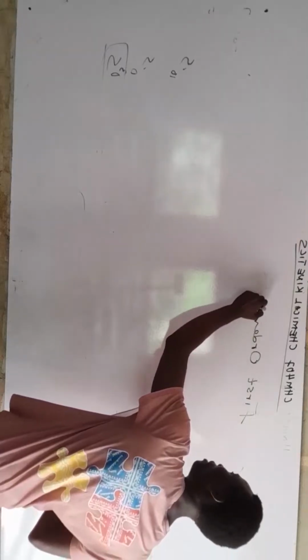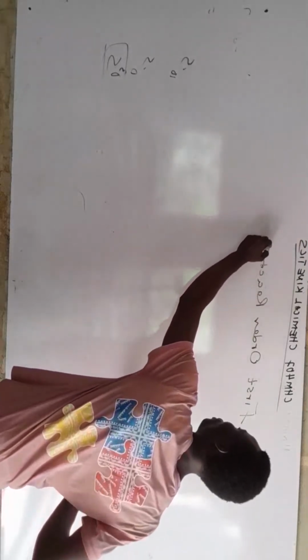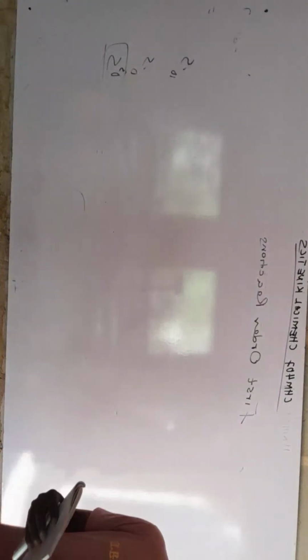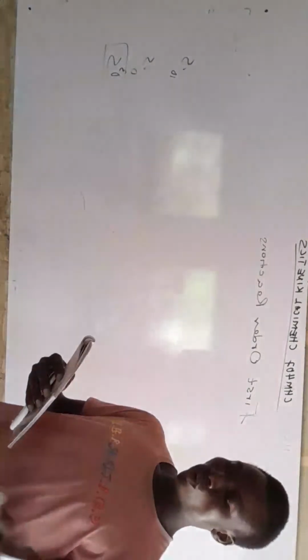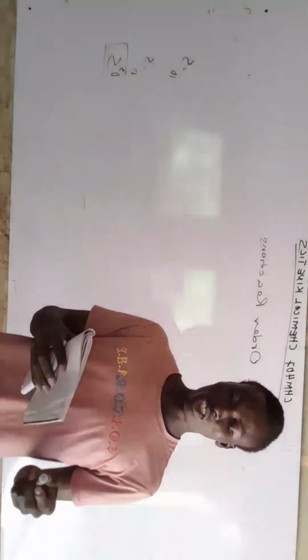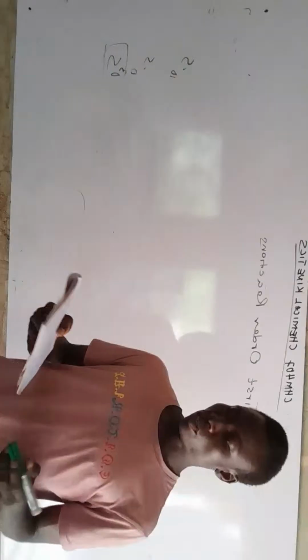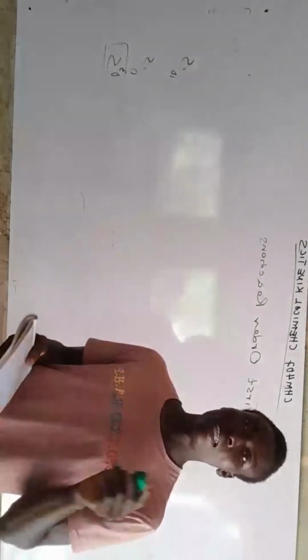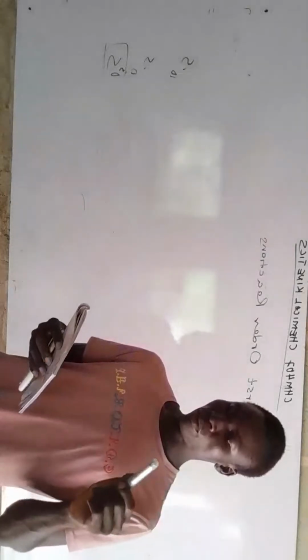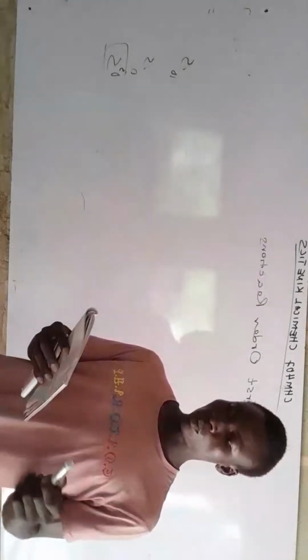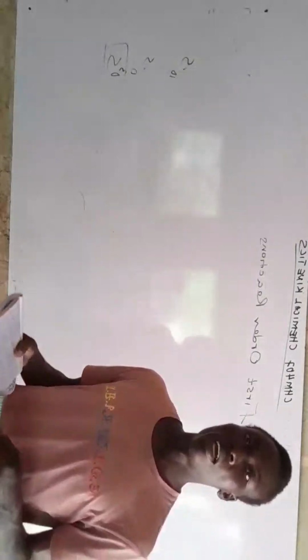First order reactions. A first order reaction is one in which the rate of reaction is proportional to the concentration of the reactant raised to the power of unity. Take note in this place, the rate of reaction is proportional to the concentration of the reactant.